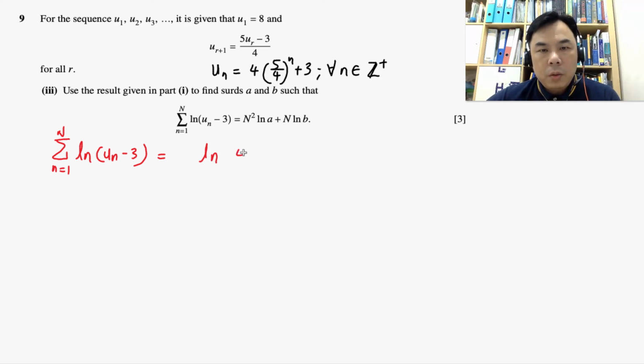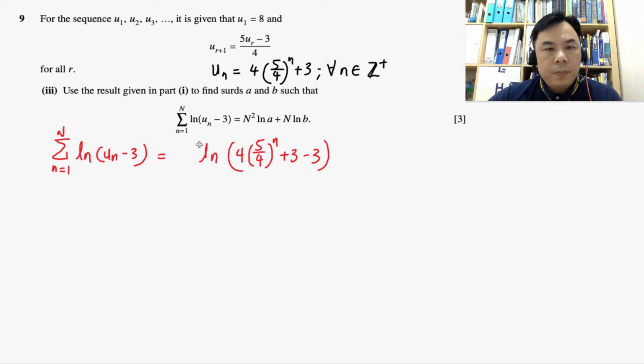You can see that un is equal to this plus a 3, subtract off a 3, to n. And then with a bit of simplification, we found that we have a 4 times 5 over 4 to the power n.